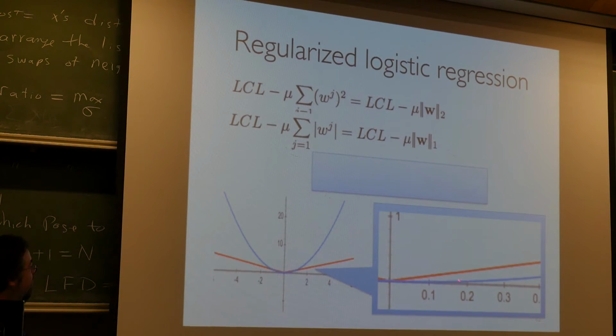Whereas if you look at the L1 loss, the gradient there is basically a constant. The gradient is always going to be whatever the slope of this line is, wherever you are on it. So as it gets close to 0, it's not going to slow down. It'll keep moving at exactly the same speed.